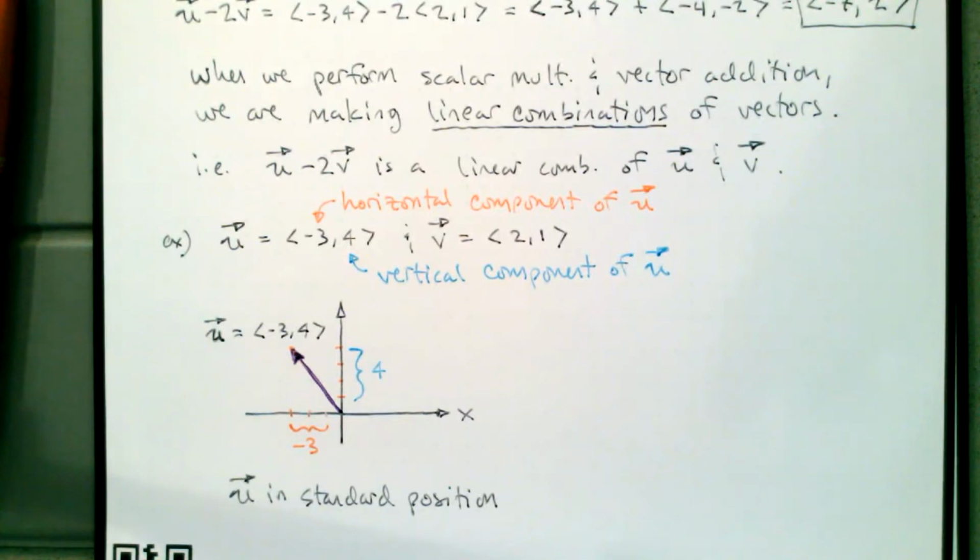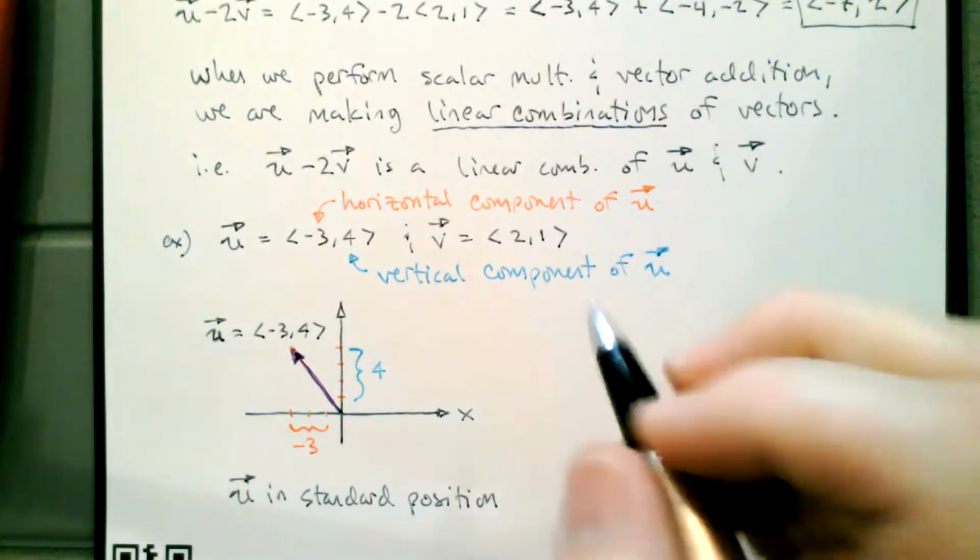When we first started talking about vectors, we mentioned that vectors have magnitude and direction. Magnitude is just the length of the vector.